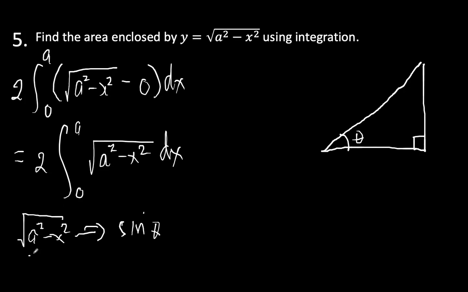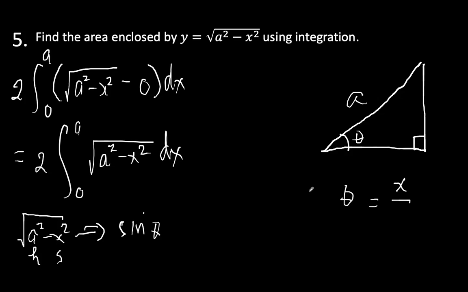We know that this is our hypotenuse and this is the side. So the hypotenuse is a, and x should be over something. We need to choose which side to plot x. It's either here or here, and the other side is the square root of a squared minus x squared.